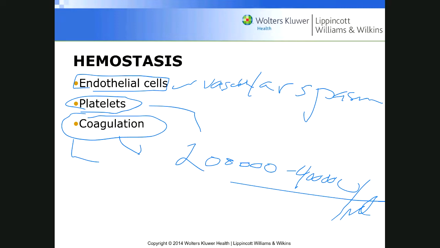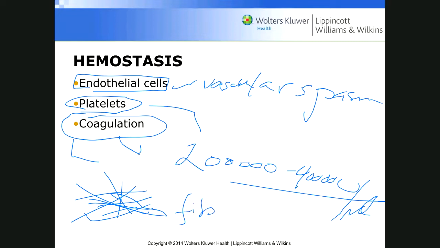Okay, so you get fibrin strand, fibrin strand, fibrin strand like this. All of that forms a clot. So the key word is fibrin. You have to have the formation of fibrin, and they stick together and form a clot. Now, fibrin comes from fibrinogen.